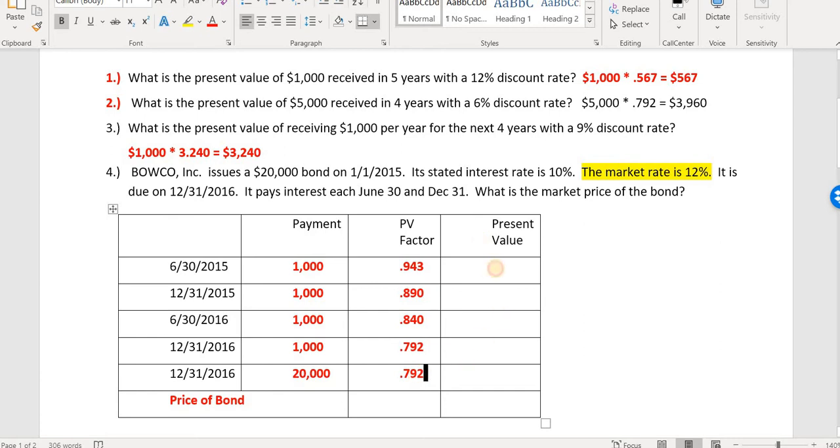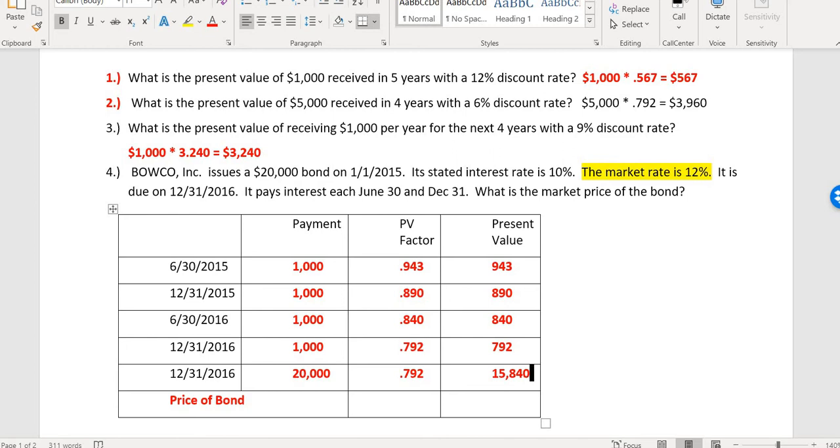Well, I've tried to make the math pretty easy here. That's $943. That's $890. That's $840. That's $792. That's $15,840. So that's bringing this money back to today.